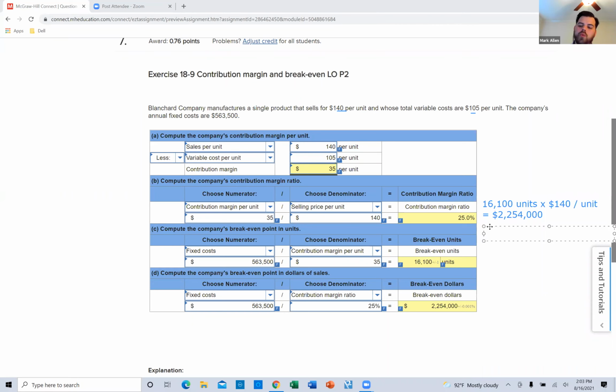The alternative way is how the book is doing it here. You do need to know both ways, because if I give you a question, I may not give you the information to do either one. You may have to know, based on the information I've got, here's the formula that I need. So the other way is to take simply fixed costs divided by our contribution margin ratio. In this case, our fixed cost, $563,500 divided by our contribution margin ratio of 25%, comes out $2,254,000.